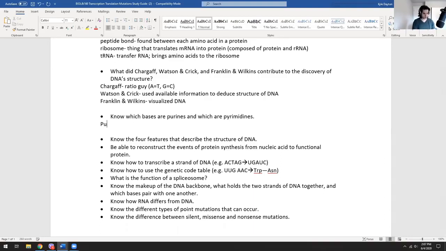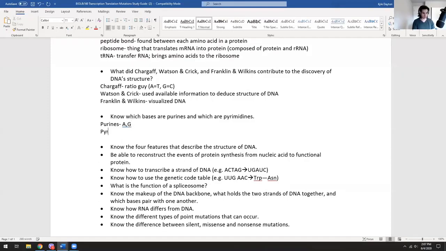Purines are going to be adenine and guanine. Pyrimidines are going to be C, T, and I think uracil fits into that category. So purine, pure, and G is gold, so pure as gold.